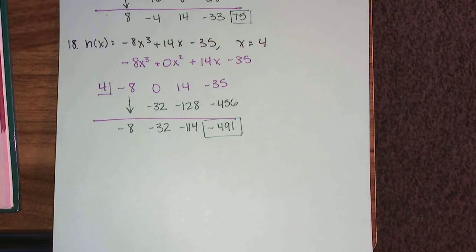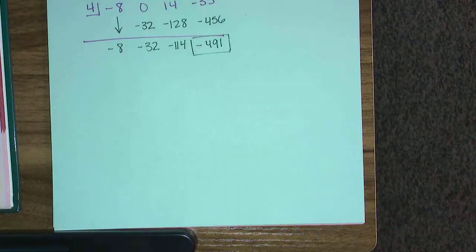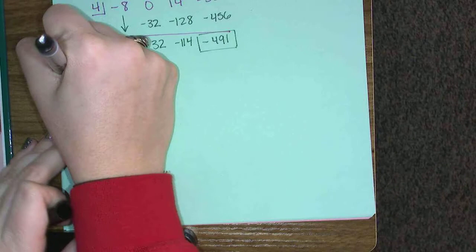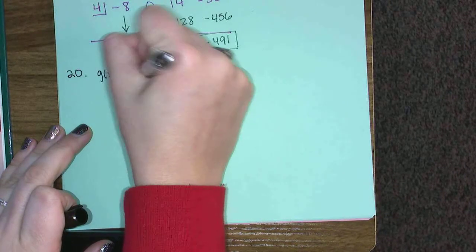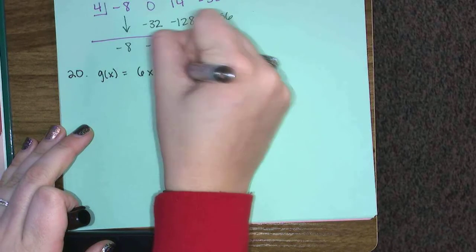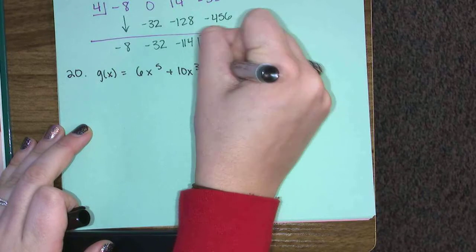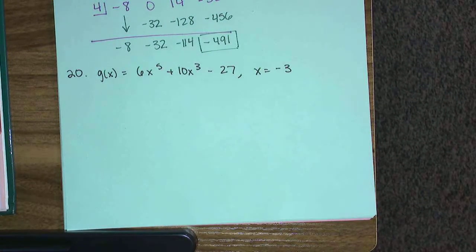Do you guys think you can try one? Think you're ready to try one? Okay. We'll go with 20. Alright, g of x is equal to 6x to the 5th plus 10x cubed minus 27. X is equal to negative 3. Okay, so work on that one on your paper, everybody.